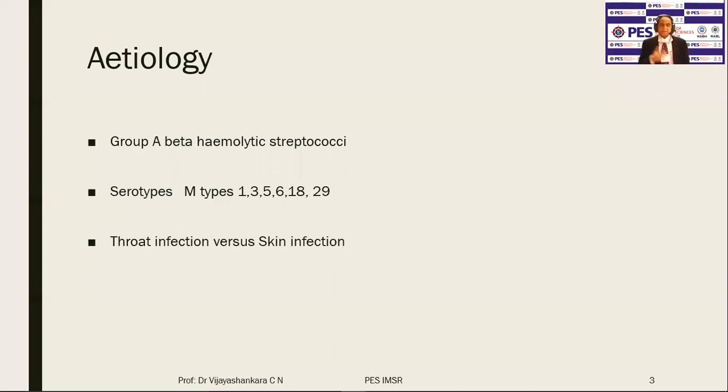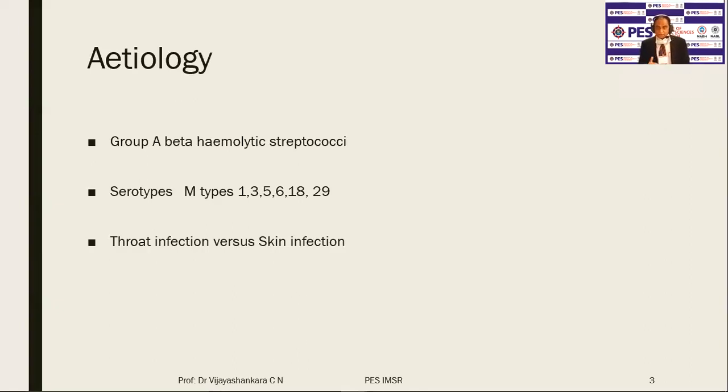There are many strains of streptococcus, and group A beta has complete hemolysis, which you can see on a blood agar plate when you culture the organism. There are multiple serotypes, but not all are rheumatogenic. Well-known serotypes are the M types 1, 3, 5, 6, 18, and 29.